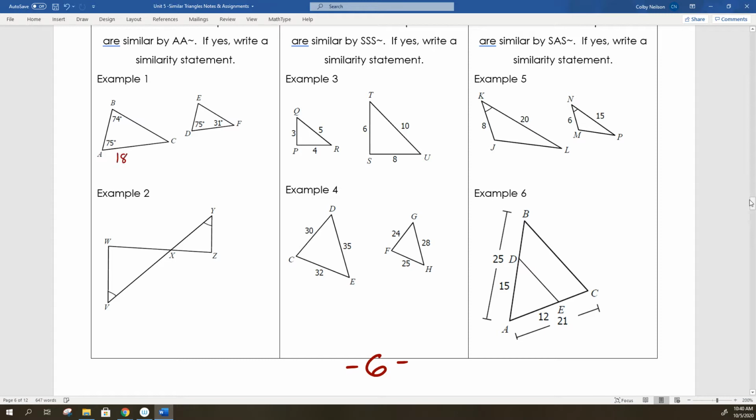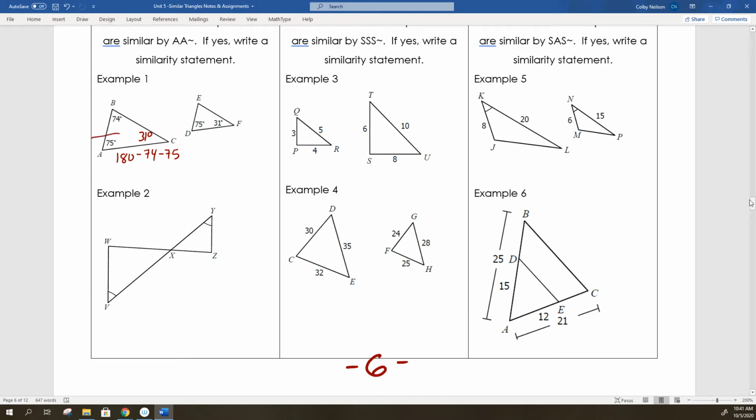So you're going to do 180 minus 74 minus 75. What does that give you? Does it give me 31? So on my calculator, 180 minus 74 minus 75 gives me 31. So that angle's 31 degrees.